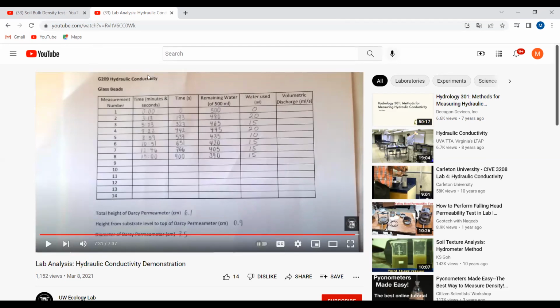So this is the reading: time in minutes, time in minutes and seconds, time in seconds, remaining water, the water used, and the volumetric discharge. We just divided this volume by time, this one over this, to get the hydraulic gradient.